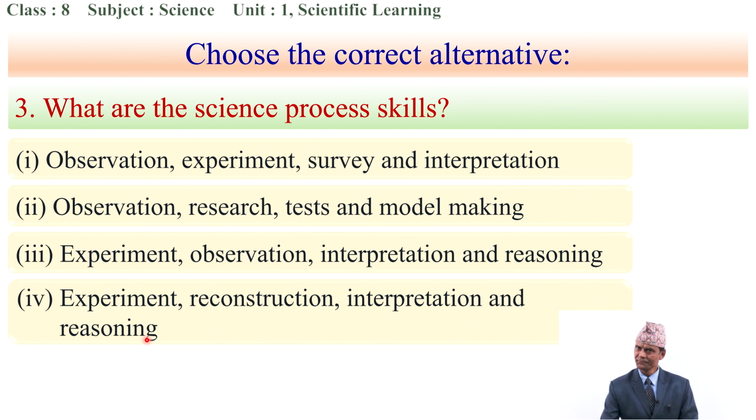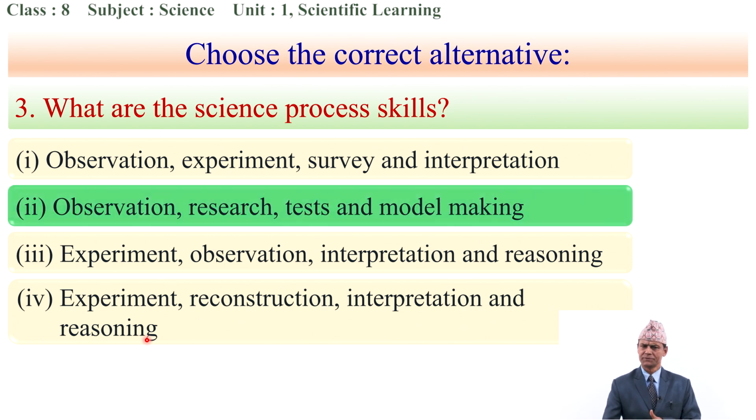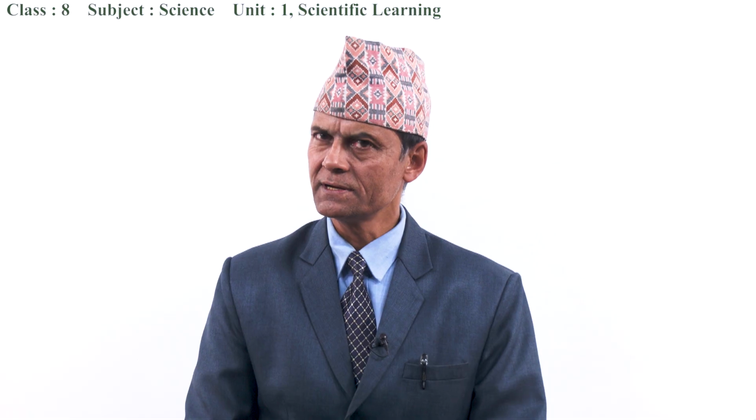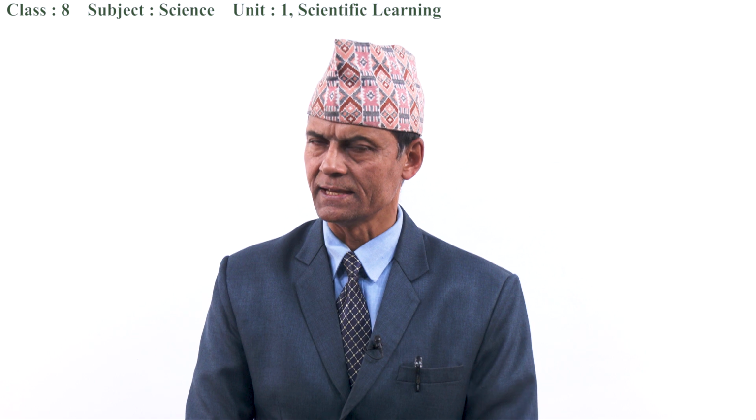Did you find? Let's check it. Observation, research, test and model making are the science process skills under the scientific learning process. Dear students, we have discussed what the science process skills are.